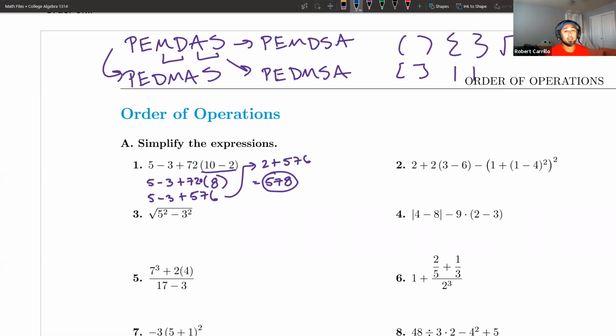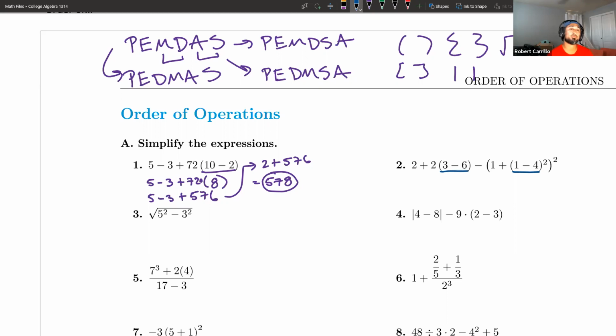Number 2. You have 2 plus 2 times 3 minus 6 minus parentheses 1 plus parentheses 1 minus 4 squared, squared. Okay. So that means we're going to handle this innermost parentheses first. And we can also handle this parentheses as well.